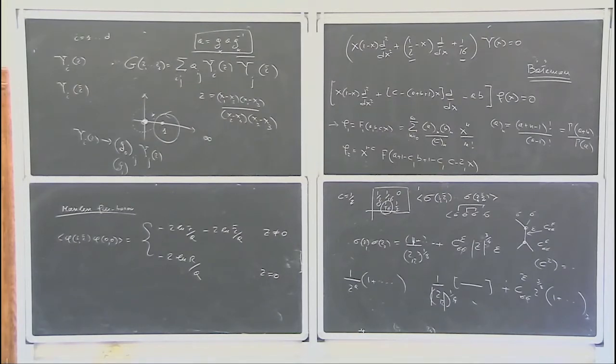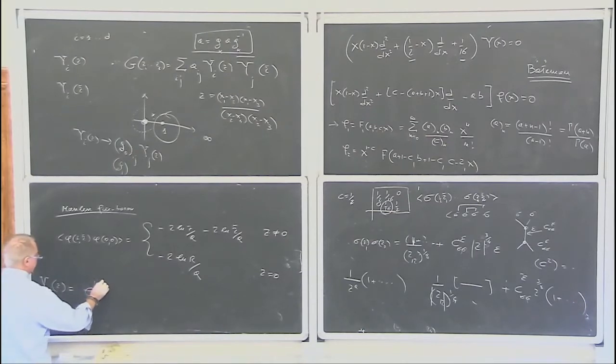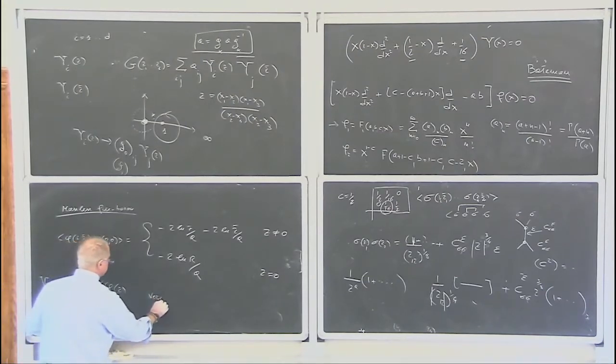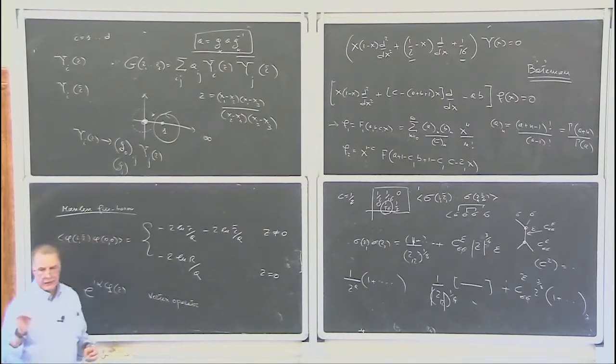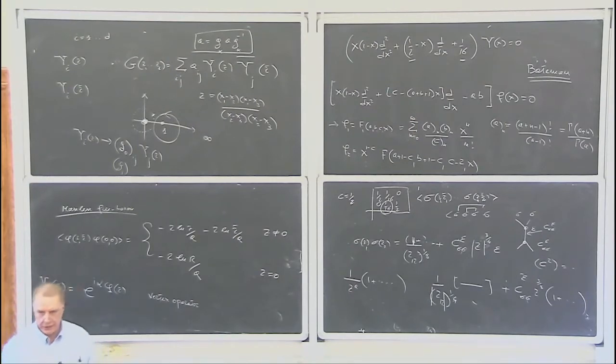With these things, you introduce what is called a vertex operator. The vertex operator is exponential i alpha phi of z. These are basic objects in the theory. For instance, in string theory, vertex operators are associated to the insertion of excitations.